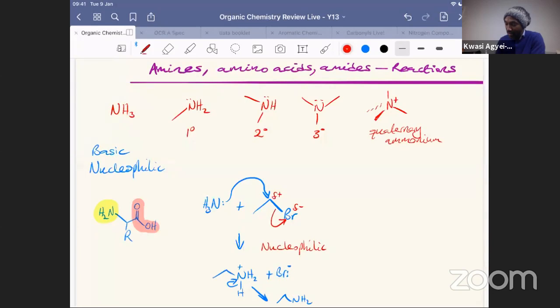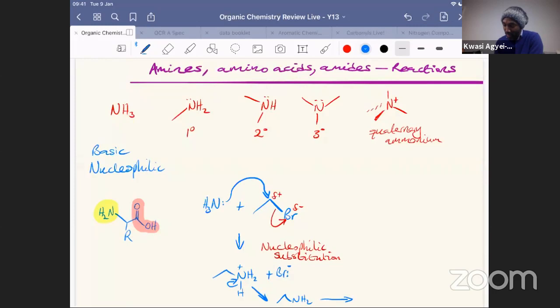So that's an example of a nucleophilic substitution mechanism, something that you would have encountered in the first year, where the nucleophile is the ammonia molecule. Of course, the amine that you've just formed can be a nucleophile itself. So if you used an excess of halogenoalkane, then the amine you formed can go on to react further with any excess halogenoalkane.